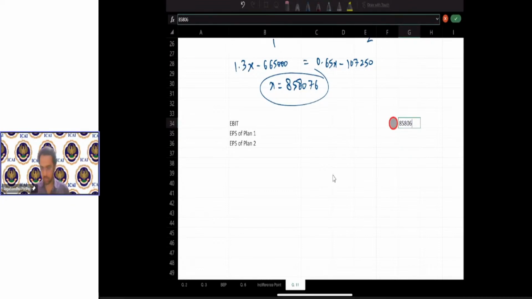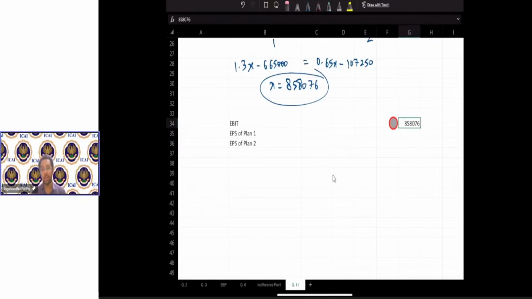8,58,076 is the indifference point, right? Let's take also EBIT lower than this.